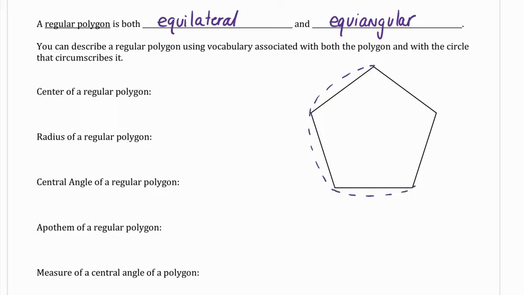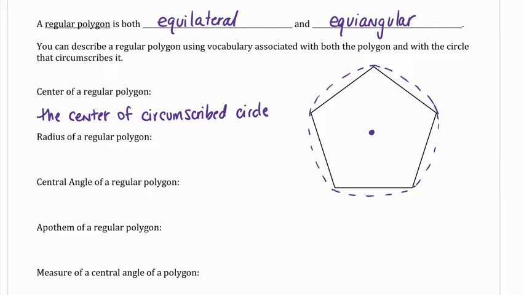It's not the easiest thing to draw, but if you imagine this pentagon being inside a circle, if I then find the center of that circle, that is also the center of the polygon. So the center of a regular polygon is the center of the circumscribed circle. Circumscribed, remember, means draw around. So the circle's around the polygon.